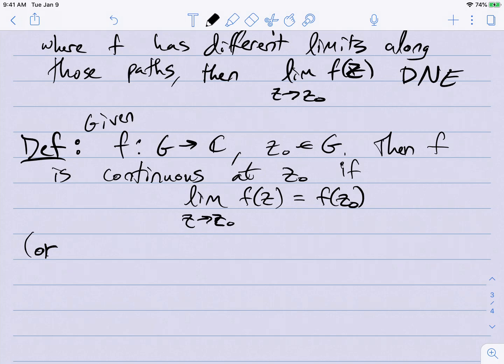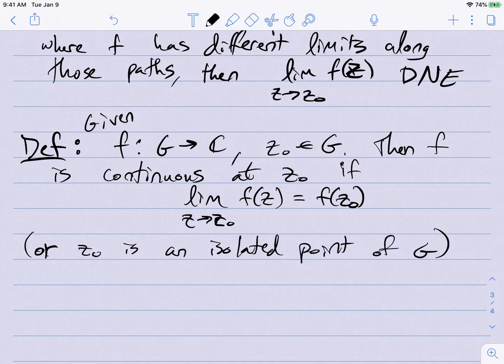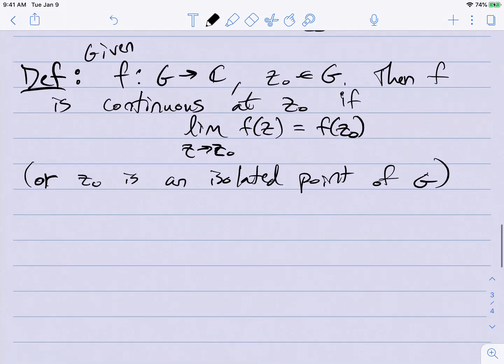That's sort of a silly case. It's not that important. Or z0 is an isolated point of G. That's not so important. But the point is that continuity means that whenever you have a path in G that goes towards z0, then f of z along that path approaches f of z0.